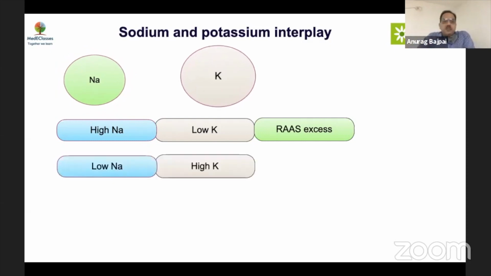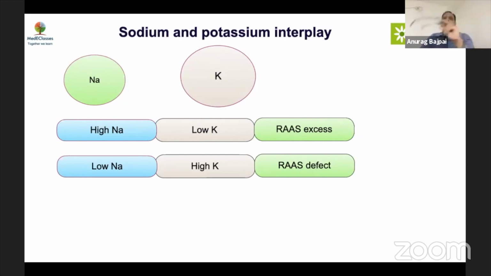On the other hand, if you have hyponatremia with hyperkalemia, it means that there is a RAS defect, which basically includes adrenal insufficiency, aldosterone insufficiency, aldosterone resistance, congenital adrenal hyperplasia, a classical salt wasting. Very importantly, isolated mineralocorticoid deficiency will cause more hyperkalemia. Isolated glucocorticoid deficiency will cause hyponatremia.